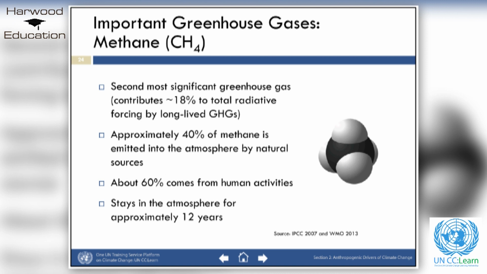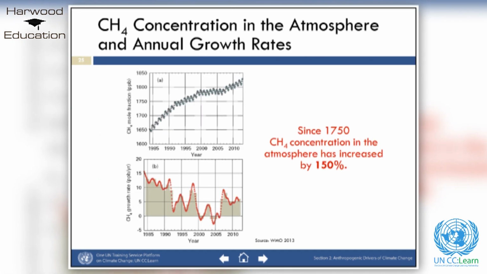Methane is mostly removed from the atmosphere by chemical reactions, persisting for about 12 years. Thus, although methane is an important greenhouse gas, its effect is relatively short-lived. CH4 concentration in the atmosphere and annual growth rates. This slide shows the atmospheric concentration of methane from 1984 to 2012 in Figure A, while Figure B shows the annually averaged growth rate.